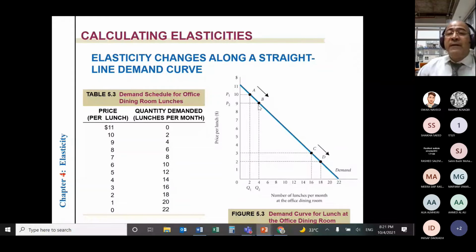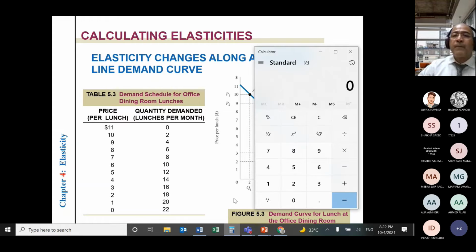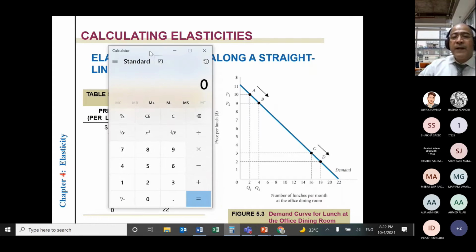Could you calculate the elasticity at point B? I will give you 30 seconds to calculate price elasticity of demand at point B. What you should do, from B, draw a vertical line.